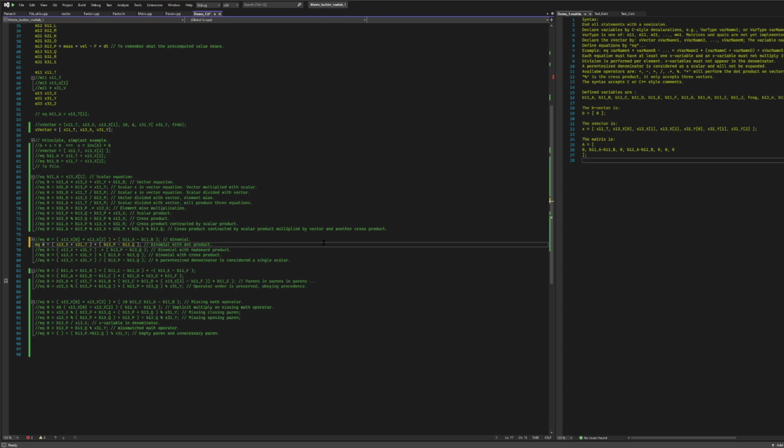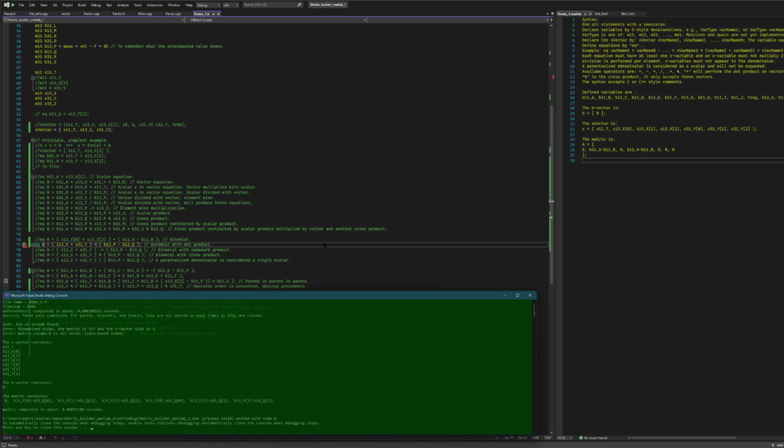We also can do this with a dot product. The dot product is also a distributive, follows the distributive rule. So in the first equation we have scalars, now we have vectors, and this will become a dot product, so it will distribute over the parentheses.